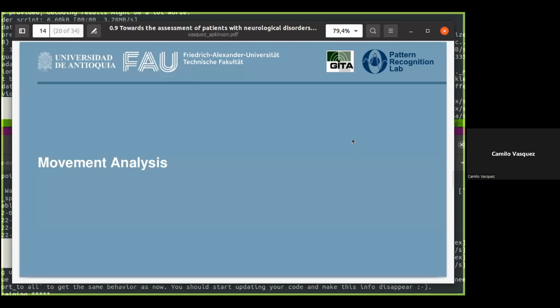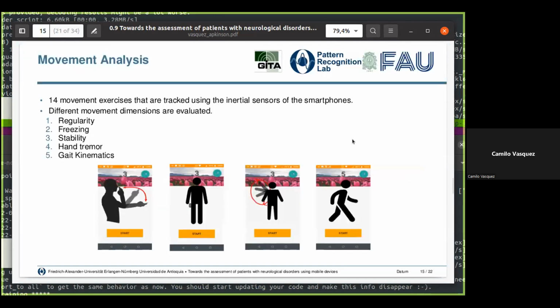Now, regarding movement analysis, there is a set as well of 14 different exercises that are tracked using the inertial sensors of the smartphone, particularly the accelerometer and gyroscope embedded within the smartphone. We also evaluate 5 different dimensions of movement, like regularity, how regular and stable the movements are when the patient moves their arms, and the presence of freezing of gait in the walking exercises.